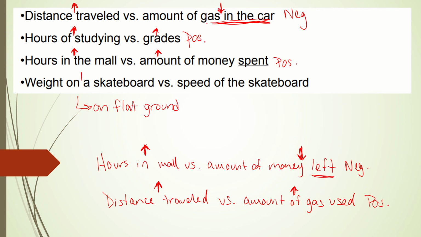As the weight on the skateboard increases, so the heavier the weight on the skateboard on flat ground, what's happening to the speed of the skateboard? It is slowing down. So that would be a negative correlation. However, if I said going downhill, then the weight would be making it speed up. So then it would be a positive correlation.